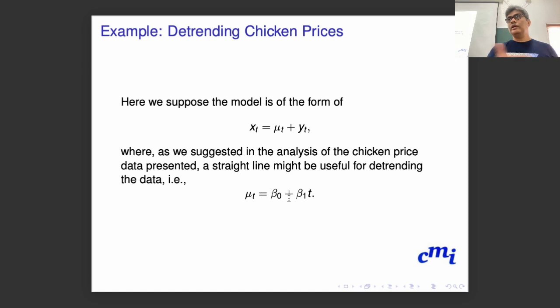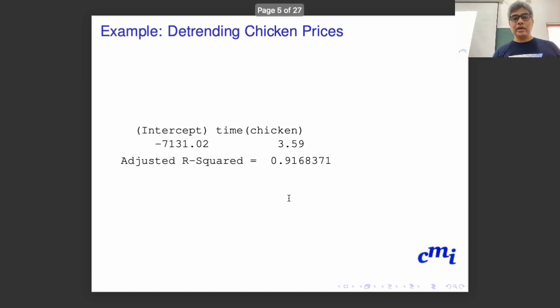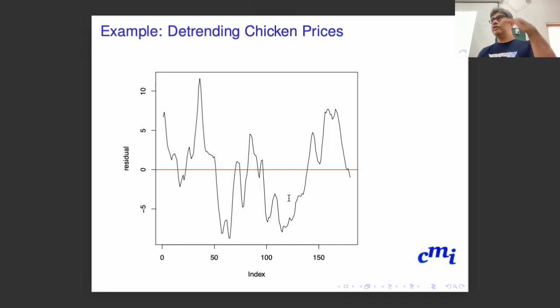For mu_t, you take a simple beta naught plus beta 1 times t trend, and we fit a model. After fitting the model, at each time point you estimate the fitted values and subtract them from the observed values. That gives you the residual process, which is a mean stationary process.